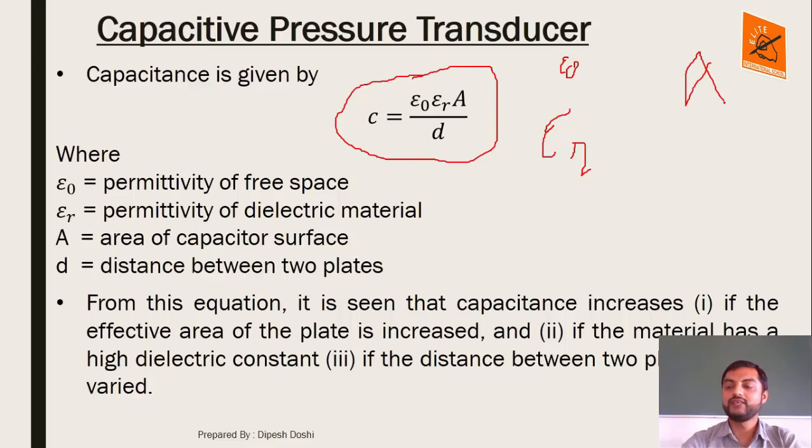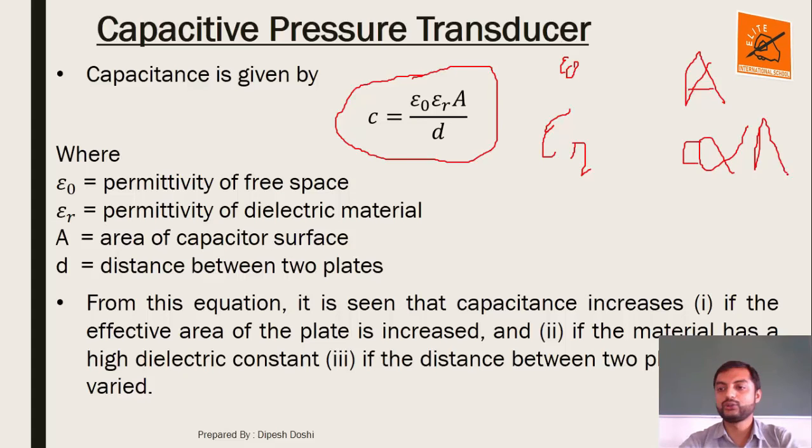Now what if I change the area of capacitor surface, then C is directly proportional to A, and because of that capacitance will be changed.